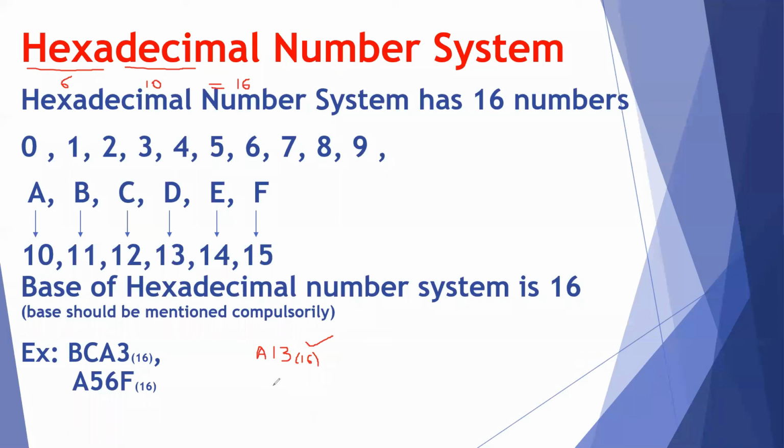A13 is the correct example. Okay. Another example we can take is AEGD base 16. Okay. A is present, E is present, whereas G is not there in the number system. That's why this is a wrong example of base 16.